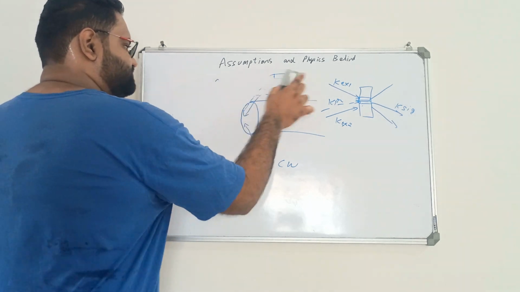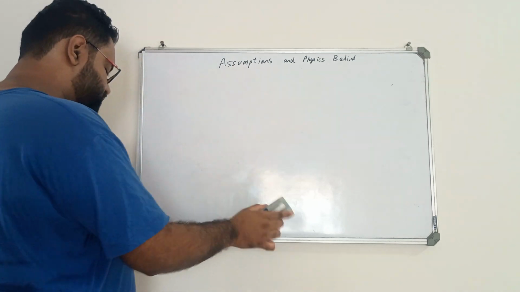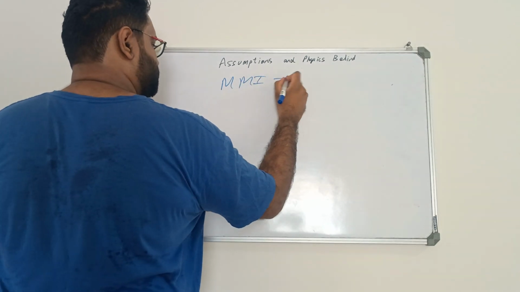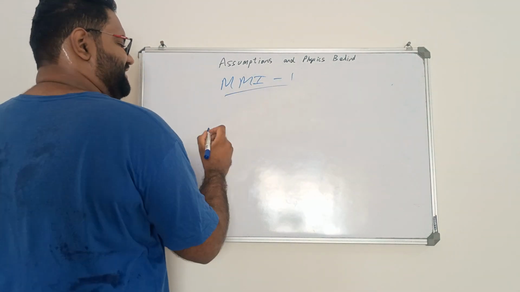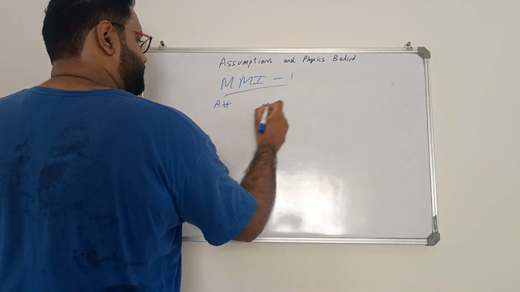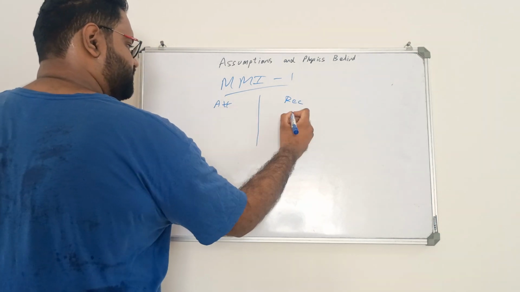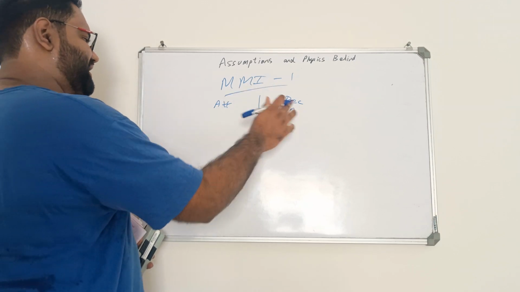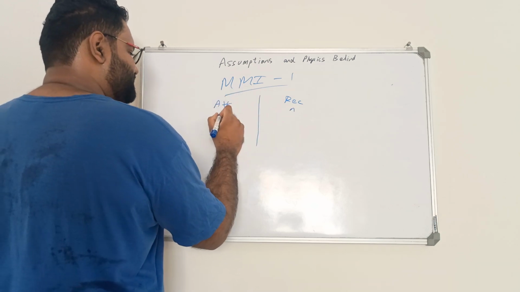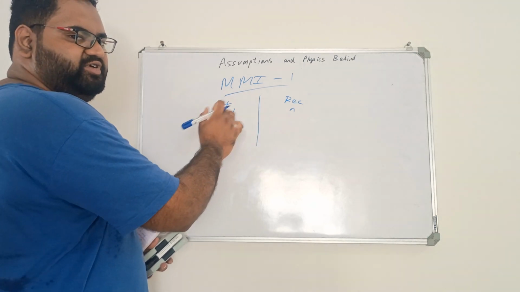So now the actual assumption, which I'm going to call MMI minus 1. This assumption states that if there is an attacker and there is a receiver, and some n number of qubits are received by the receiver, then the attacker at most can gain n minus 1, or there is one bit of difference here.